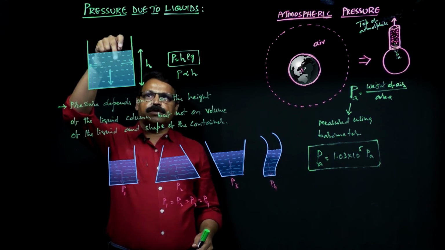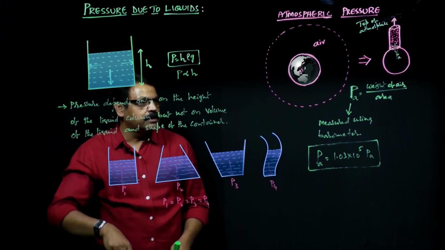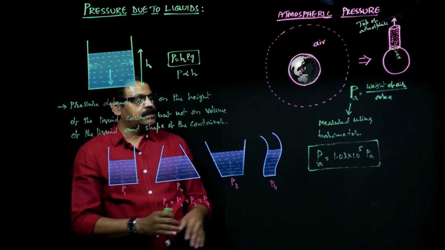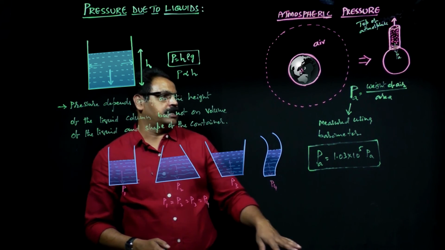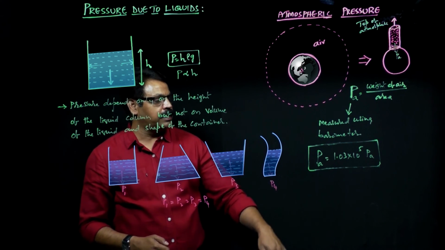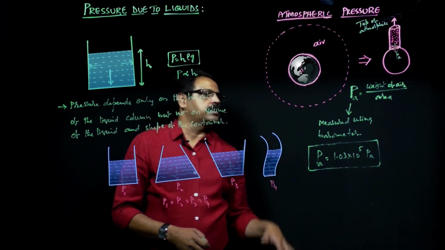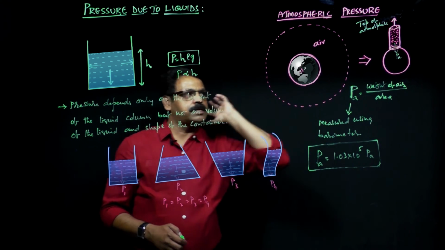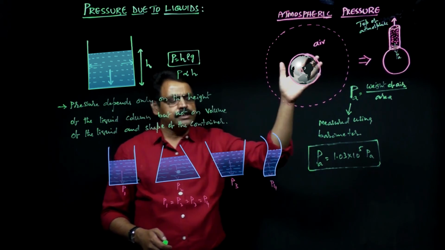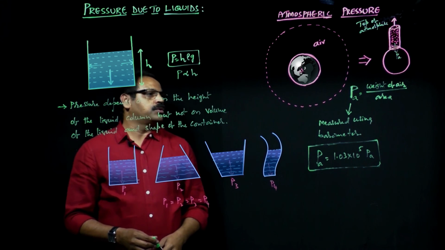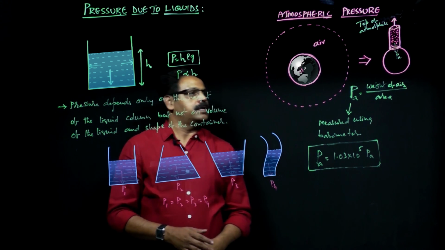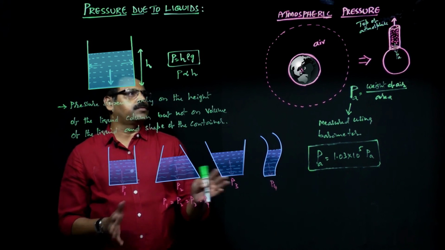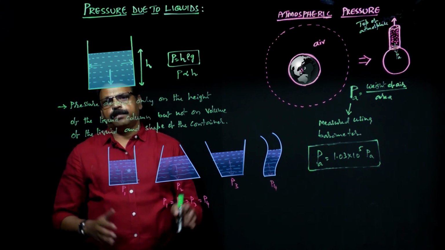Whereas in the case of liquids, as you go to depth, the pressure increases. So inside the sea, as you go deeper, the pressure increases. Whereas as you go up from the surface of the earth, the pressure decreases. So these are the points you need to understand about the pressures due to liquids and atmospheric pressure.